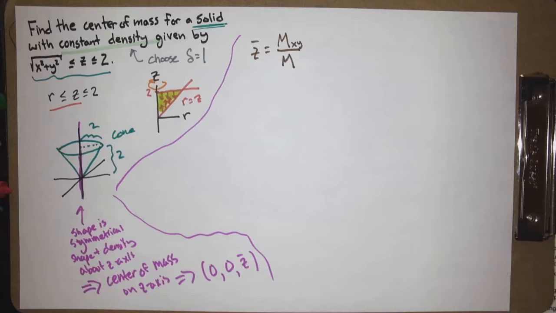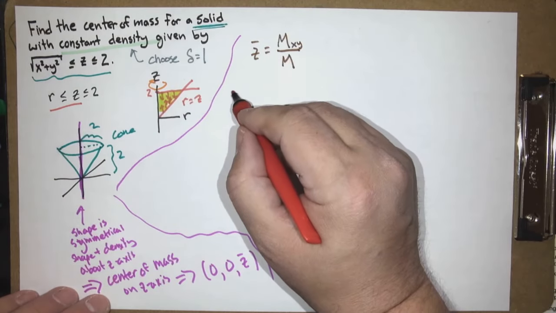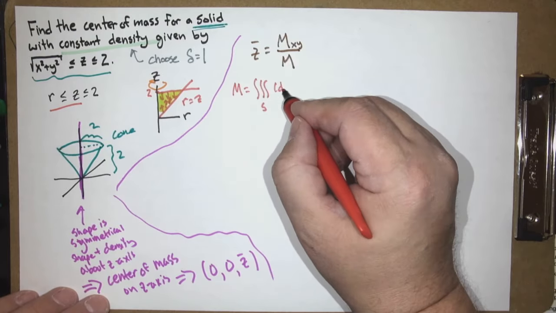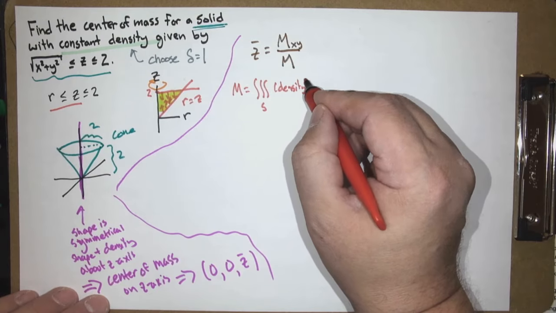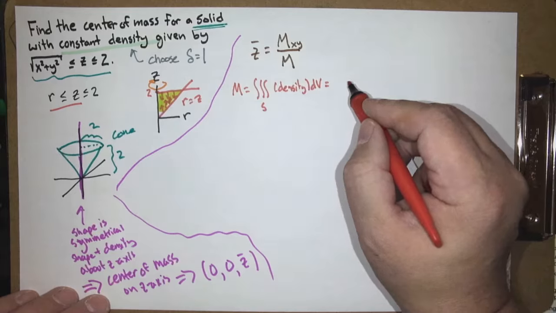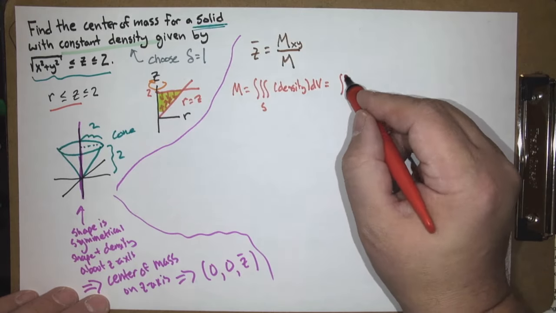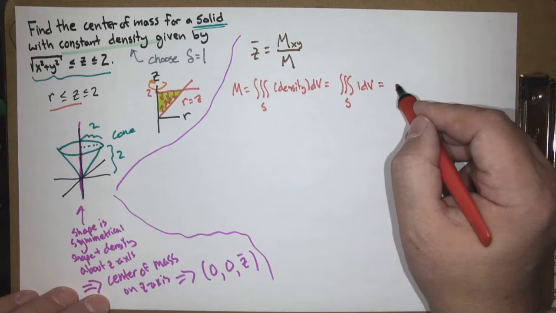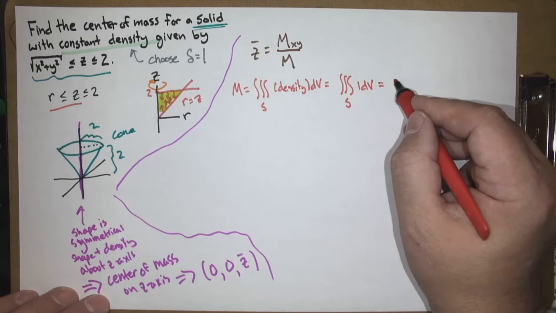M. What is M? Well, according to our formula, it's the integral over the solid of density dV. But what have we picked for our density? 1. So it's the integral over our solid of 1. What does that give us? Volume.